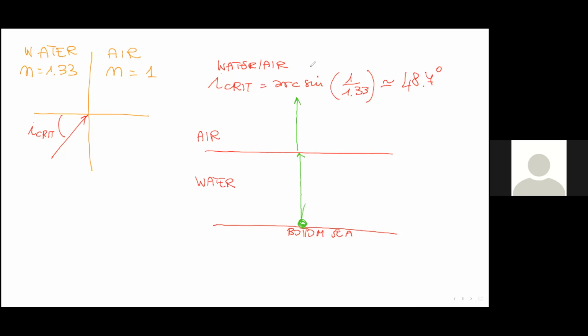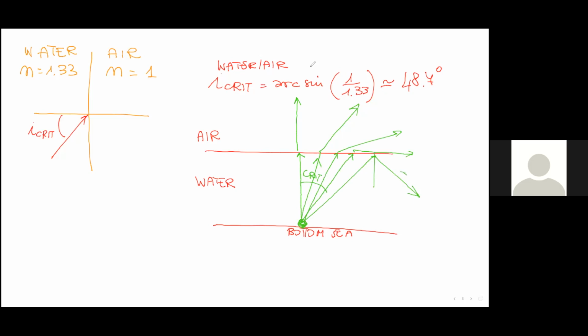The optical ray going in this direction is being refracted like that. The optical ray going here is being reflected like that. The optical ray going at the critical angle is being refracted like that. And the optical ray going like this will be totally internally reflected.